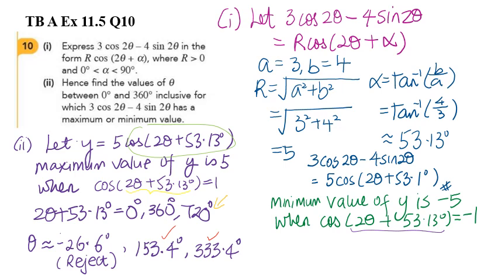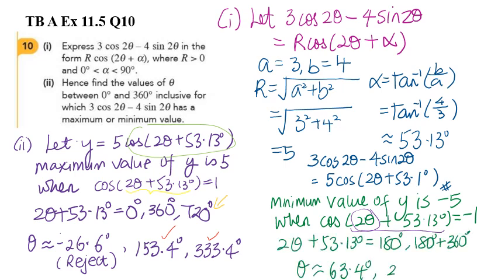Since we're dealing with 2 theta, it's possible to get 180 and one more round, which is 180 plus 360, 540. Right. Okay.